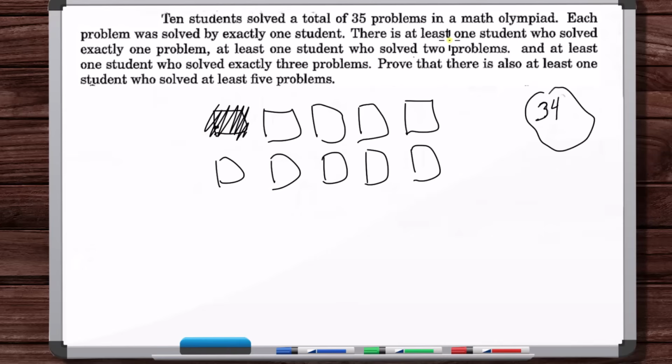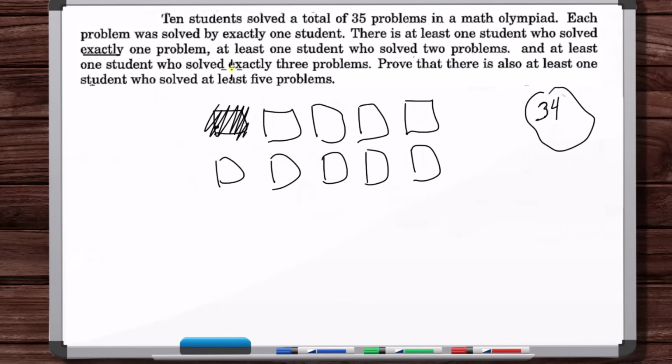Okay, so there's at least one student who solved exactly one problem, at least one student who solved 2 problems. I'm assuming they mean exactly. They should have put exactly if they meant it. And at least one student who solved exactly 3 problems. So this is kind of confusing. The key word here to me is the exactly.